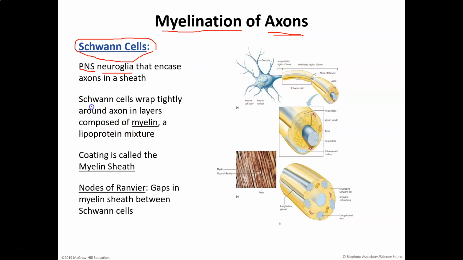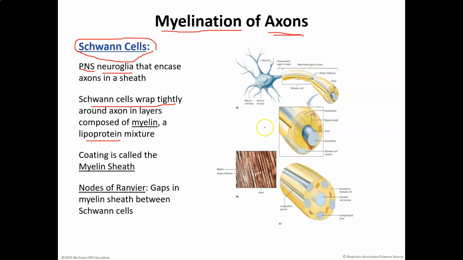Schwann cells wrap tightly around axons in layers and layers and layers composed of myelin. And myelin is a lipoprotein, or a fatty substance. It's an insulator. It's like the electrical cables that run from one utility pole to the next utility pole. They're covered in plastic.